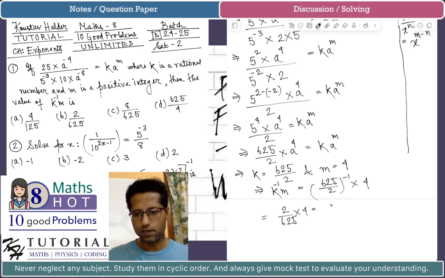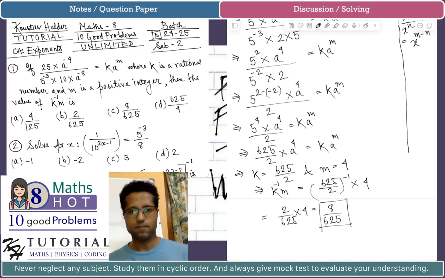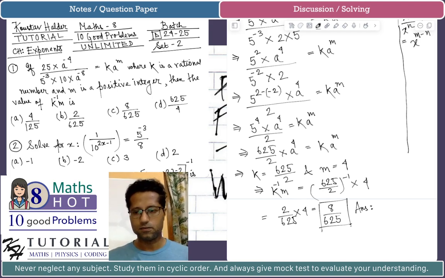This is equal to 8 by 625. 8 by 625 is the answer. So this is the value of k to the power minus 1 into m. So the answer is choice C.